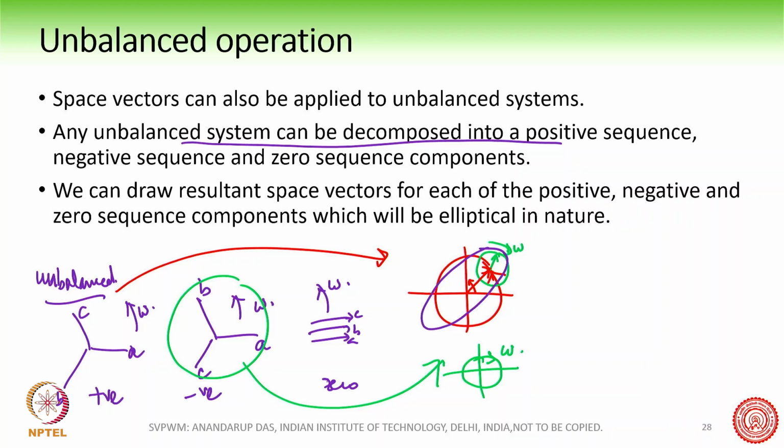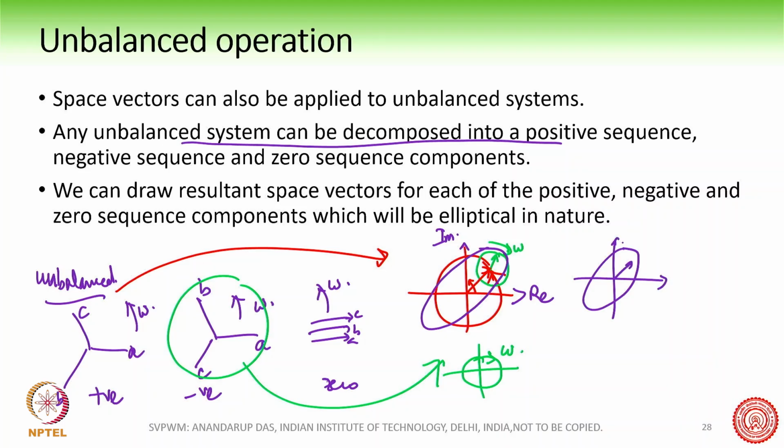It becomes an elliptical space vector. And when you add the zero sequence component, this is the real part and this is the imaginary part of the space vector. The zero sequence component is on the axis perpendicular to both the real and imaginary, and it will become an ellipsoid, a three-dimensional ellipse.